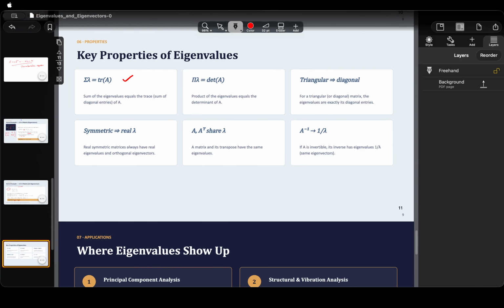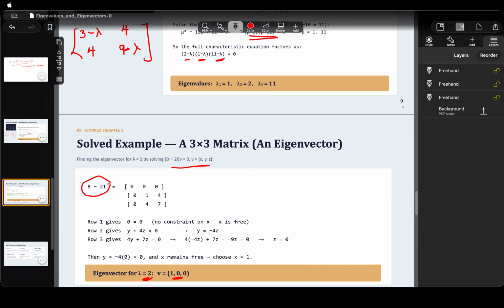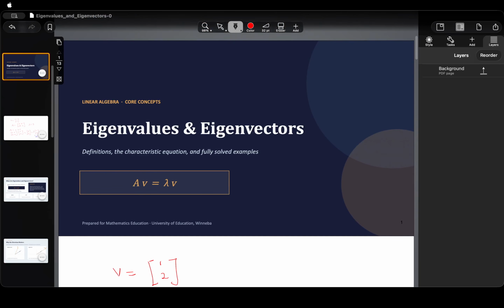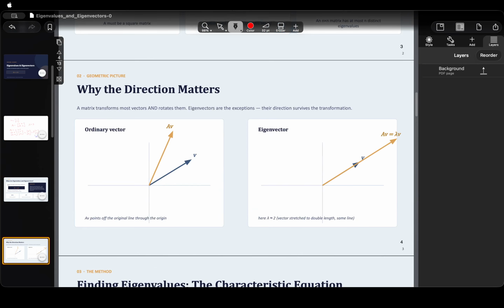Then the second one says that the product of my eigenvalues should be equal to the determinant of A as well. Let's go back and look at the example that we did. What would be the product of our eigenvalues in the example?